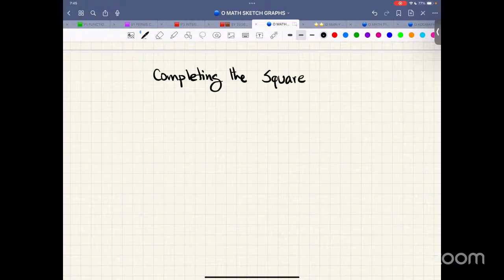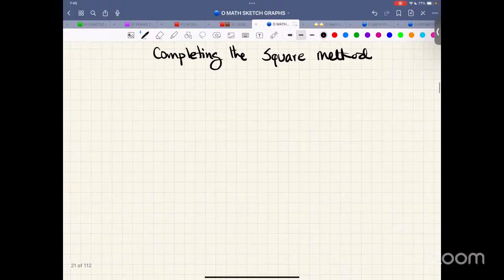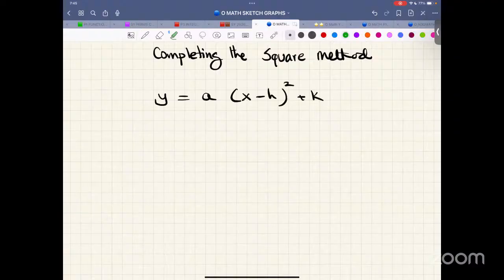First, let's sketch it. So first, if we sketch it, this is y is equals to a(x minus h) whole square plus k. So there is this thing which is a, and then compare it with -h, and then there is a plus k.